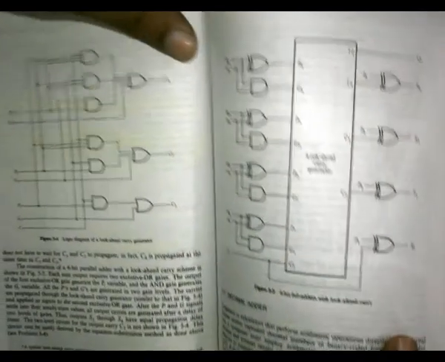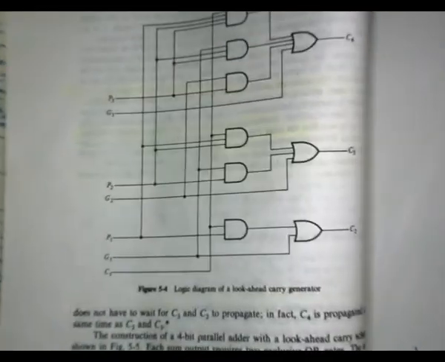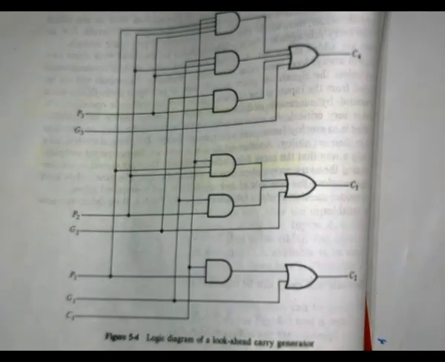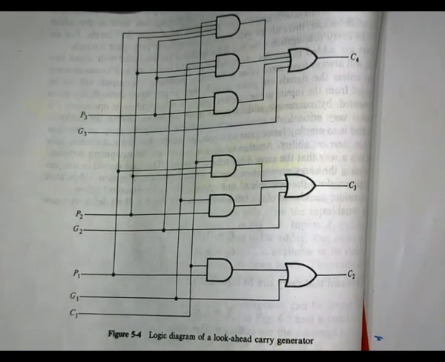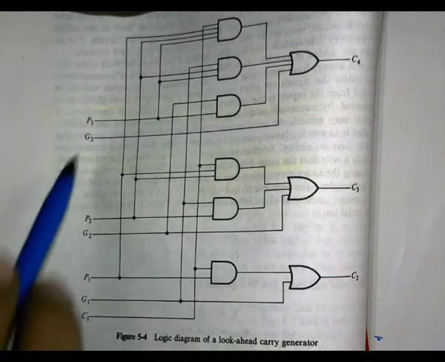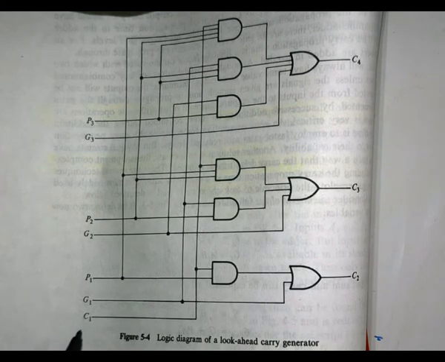You may see the realization of this expression, the realization of the carries in this circuit. This circuit is going to give you the carries at different positions. The propagate and generate points are there, meaning propagation and generation have been evolved using an exclusive OR gate and AND gate.